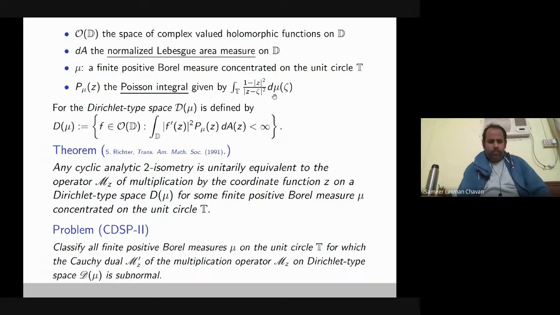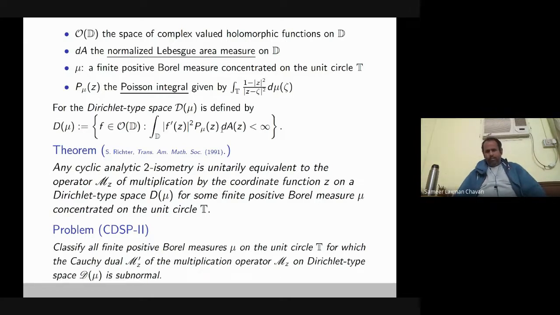And then you form the space of those holomorphic functions for which the norm of f prime with respect to the weighted area measure, with weight being P mu of z, is finite. And this is a semi norm.